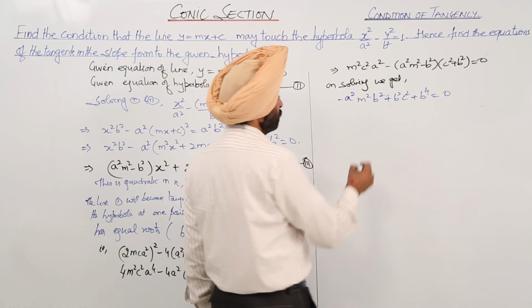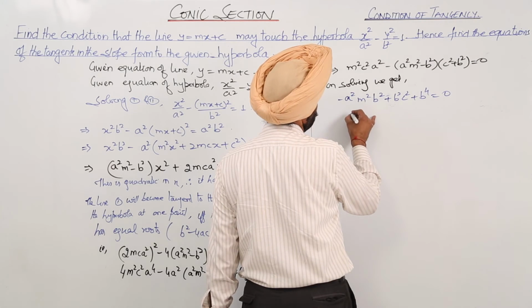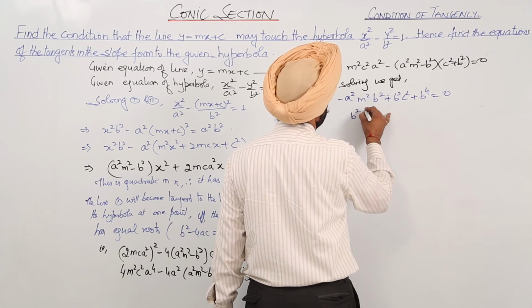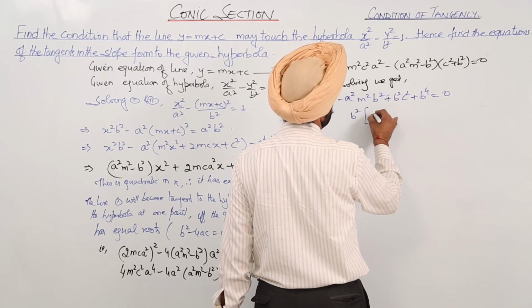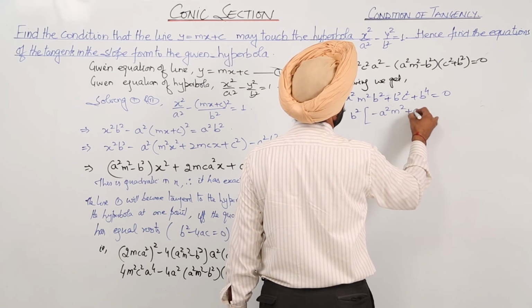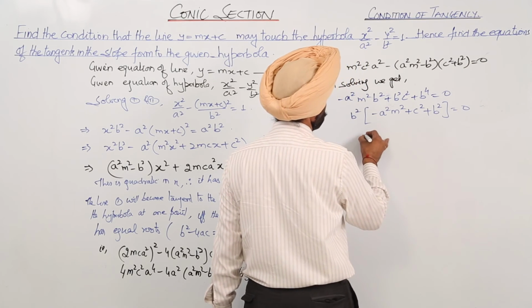Taking b square common, we have negative of a square m square plus c square plus b square is equal to 0.